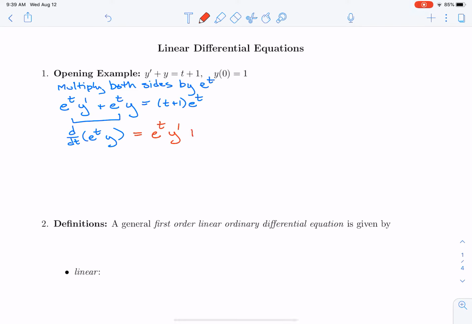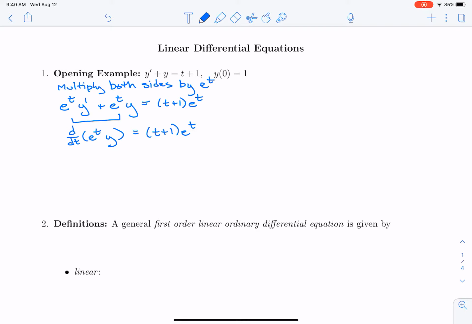And then I would add to it the derivative of e to the t, which is e to the t, and then I would leave the y function alone. And so you can see I've sort of undone the product rule on the left-hand side of the equation. Now the right-hand side is going to stay the same. It's still going to be t plus 1 times e to the t.